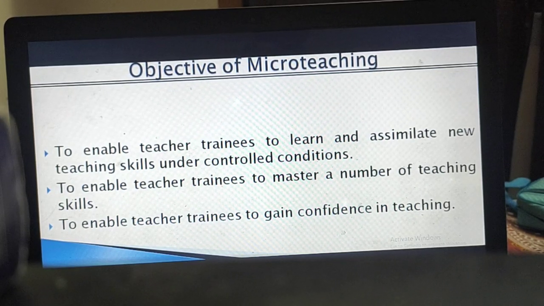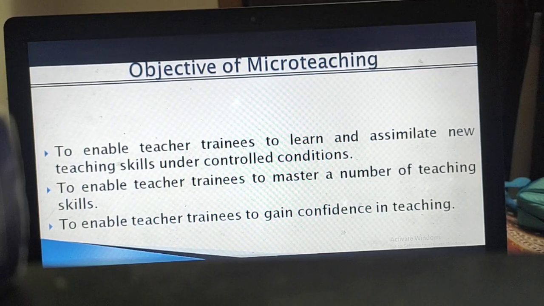That's why they gain confidence and deliver their lessons in real classroom situations very smoothly. That's why this last point is very important: to enable the teacher trainee to gain confidence in teaching.